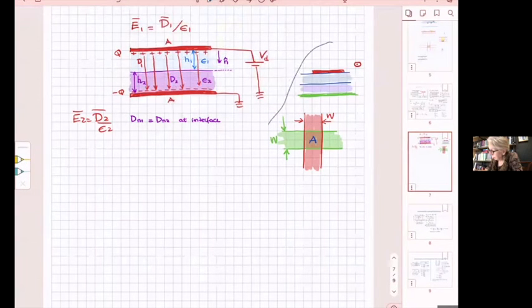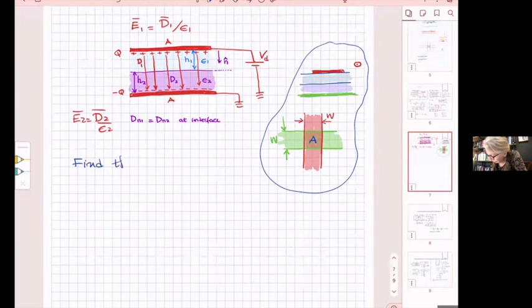These are the two interconnects, and we would like to find the crosstalk between the two interconnects.